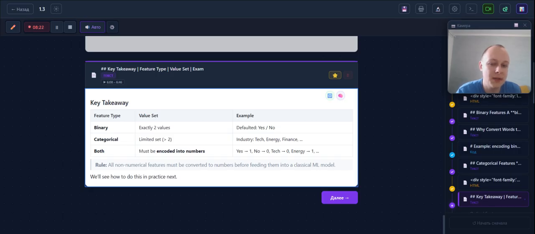They have sweets, they have some spices, they have drinks, and so on. All of these are categorical features. And both of them have to be encoded into numbers if you want to make a machine learning algorithm from them.